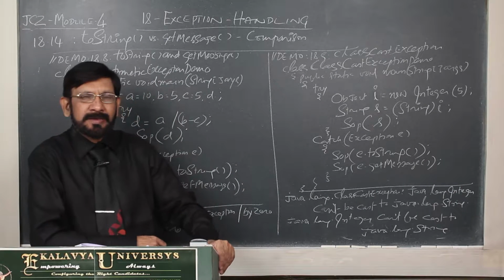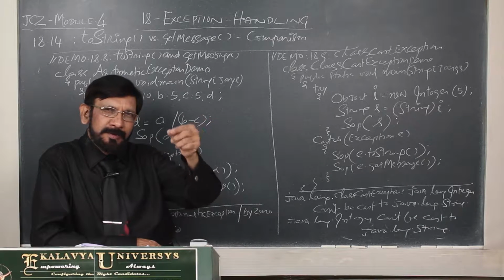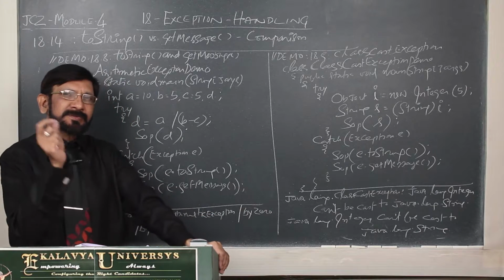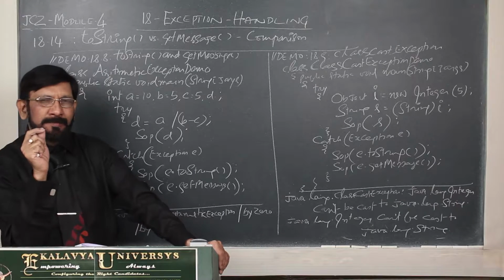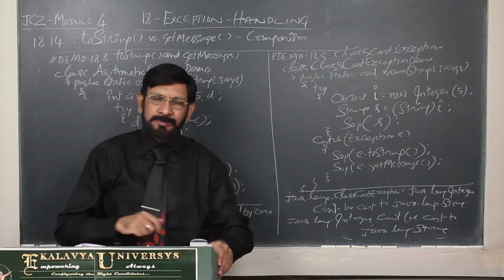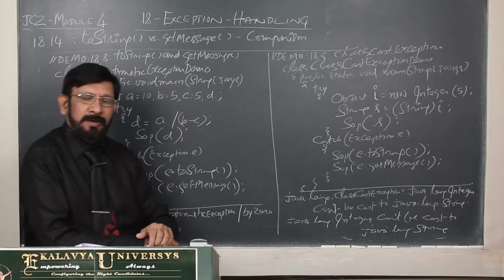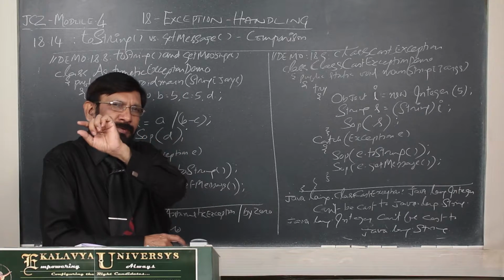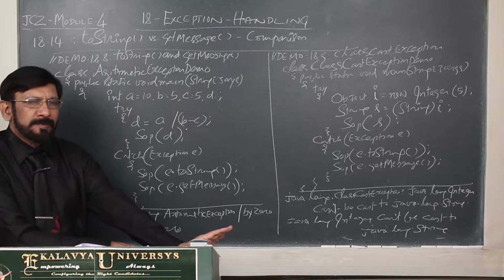In that string field, whatever the exception subclass, that exception is described in a human readable format. So whenever a specific exception is thrown, by using getMessage in the catch block, we can print the corresponding human readable description of the exception. That is the background behind it.